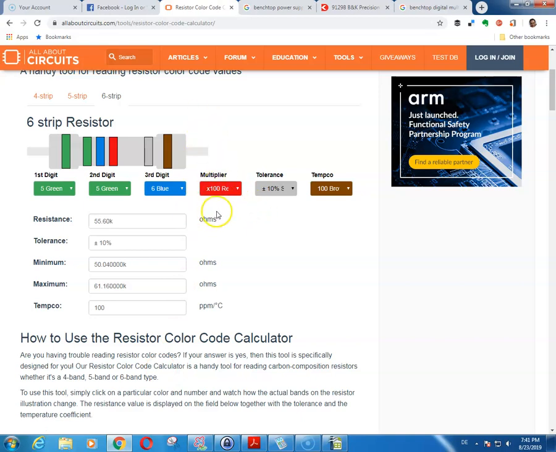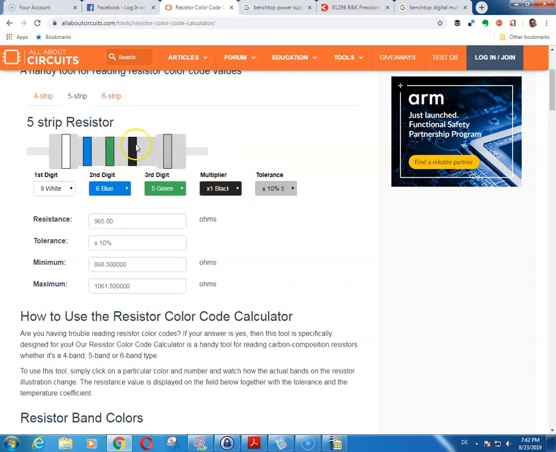So to wrap this up, in the resistors where you have 1, 2, 3, 4, 5, 6 strips over here, the first 3 strips are related to the first, second, and third digit. The fourth strip is related to the multiplier. The fifth strip is again tolerance, so there is no difference in that respect from what you see on a 5-strip resistor.